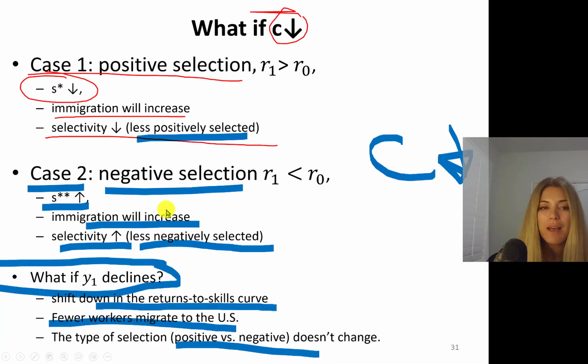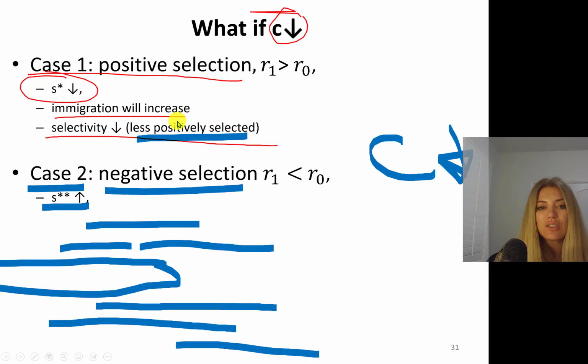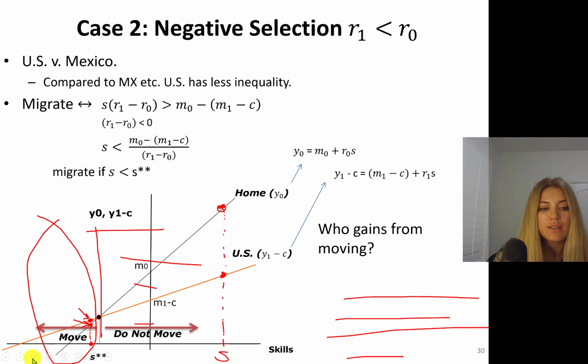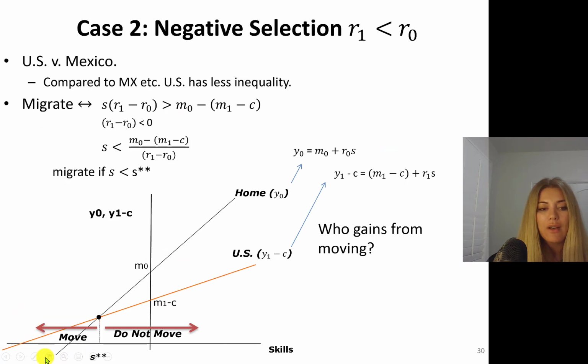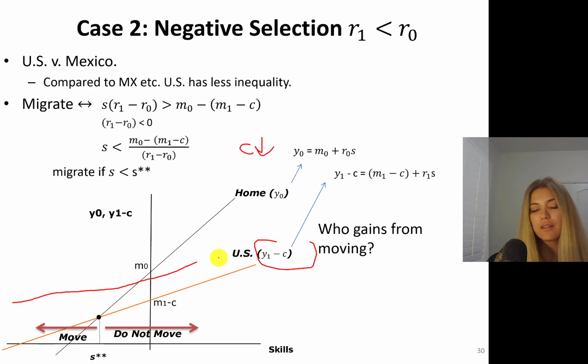So I'm going to go back. What if C goes down in negative selection? So in this case, okay, C goes down. This Y1 minus C will move up like this, a parallel shift.